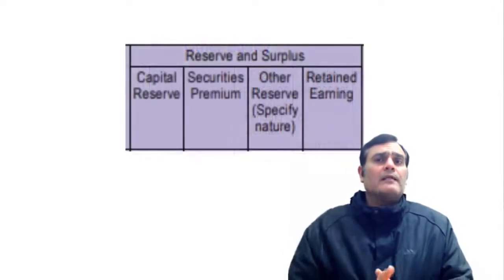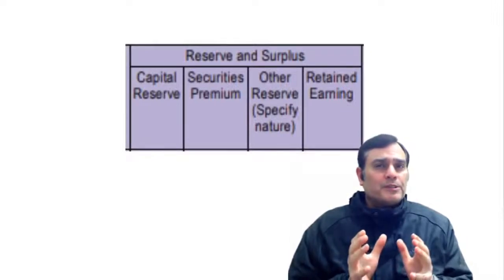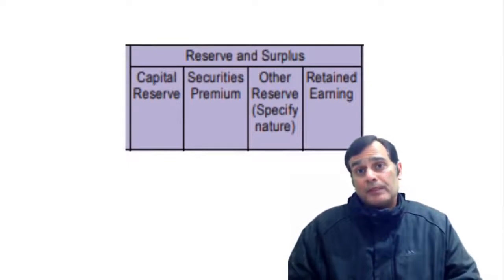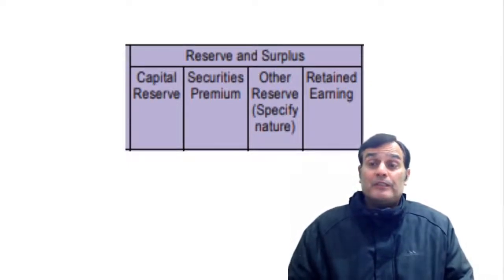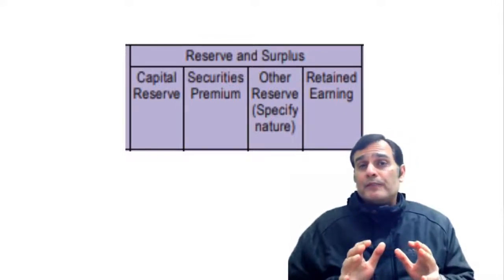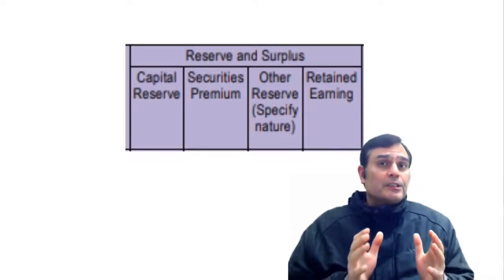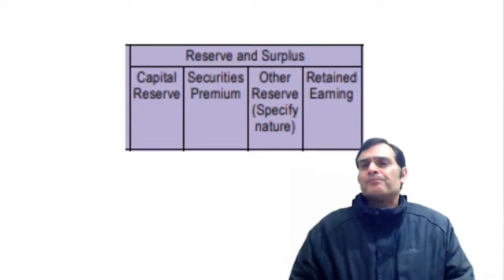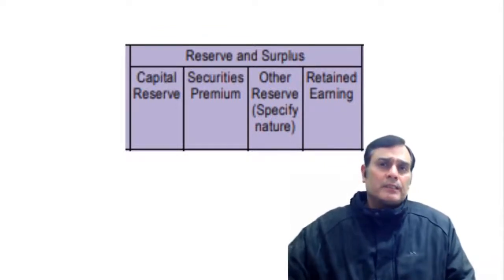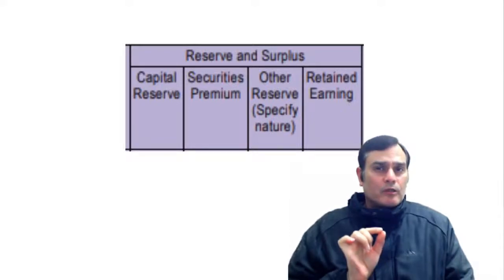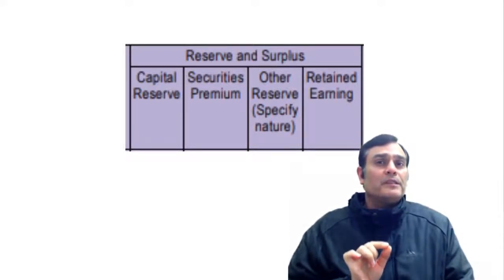Similarly, I've taken tab 2, which is absolutely synonymous with the reserve and surplus in Division 1. If you see the inner headings in tab number 2, which is reserve and surplus, it gives you examples of capital reserve, security premium, other reserves, as well as retained earnings. Retained earnings is going to reflect the profit and loss component of the total comprehensive income.